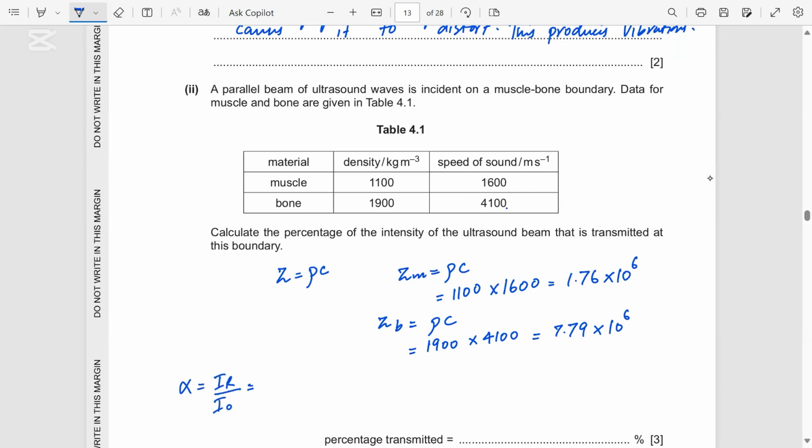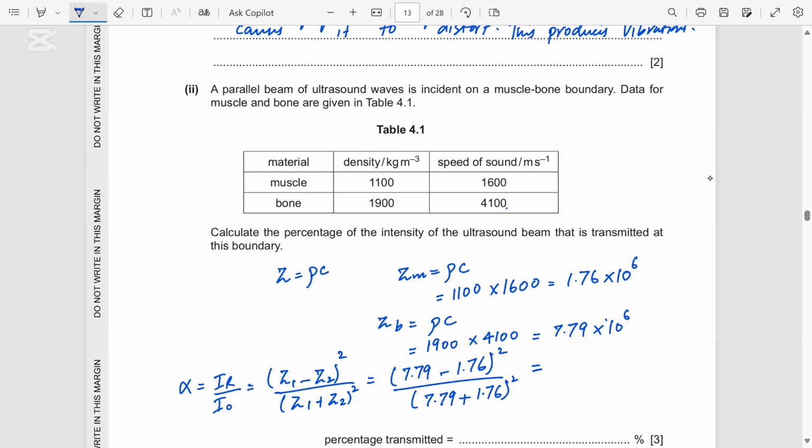You know that it's given by z1 minus z2 whole square over z1 plus z2 whole square. So we can take z1 as z bone, that is 7.79. We can ignore 10 raised to power 6 because it's going to get cancelled anyway, since this is also 10 raised to power 6 and this is also 10 raised to power 6. 7.79 minus 1.76 whole square, over the sum squared, and that gives us a value of 0.40.